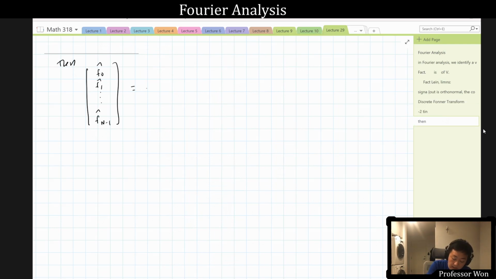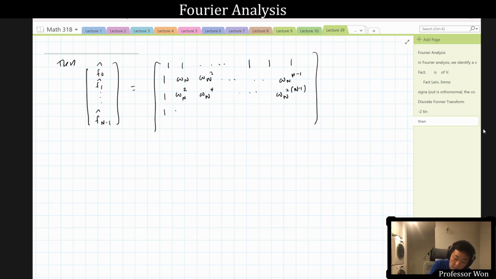So this, if I combine those all together, I'll just take the following matrix. So here, omega n squared, omega n to the n minus 1, 1, omega n squared, omega n to the 4th, omega n to the 2n minus 1, omega n cubed, omega n to the 6th.